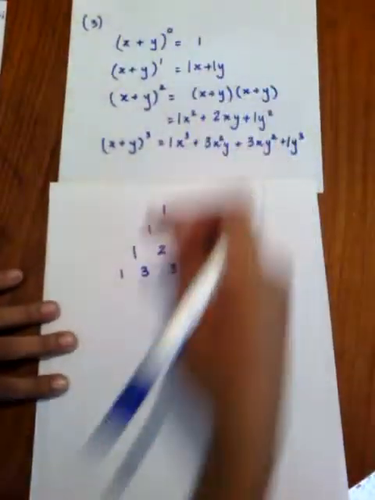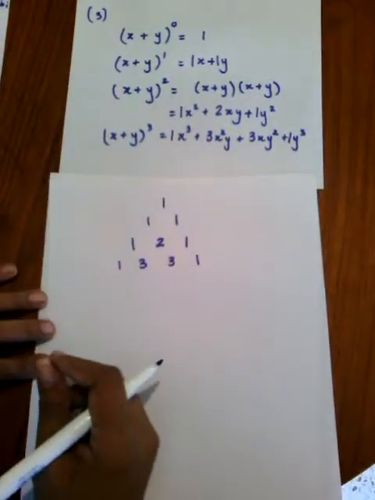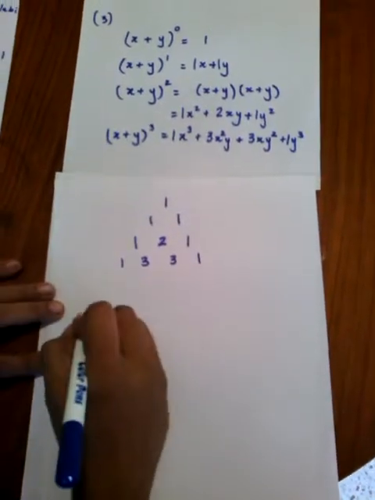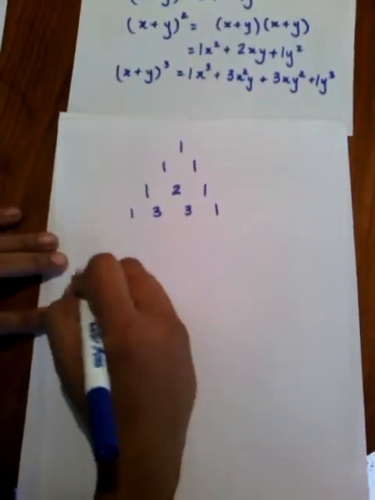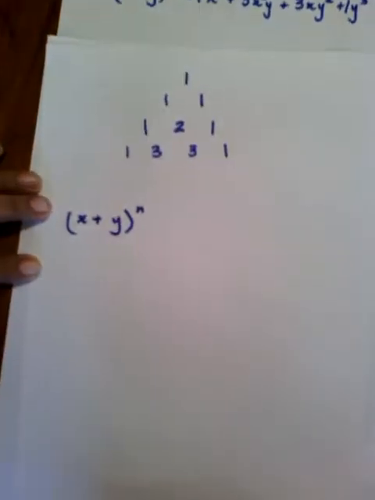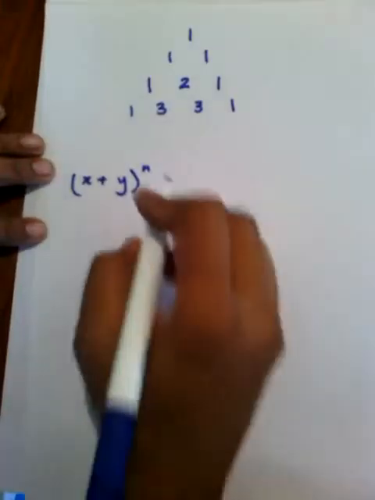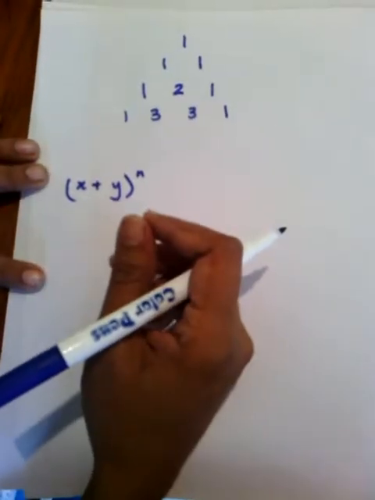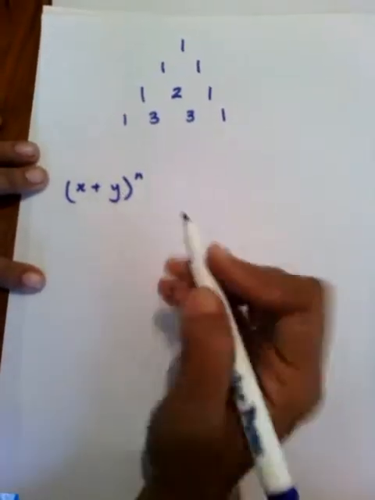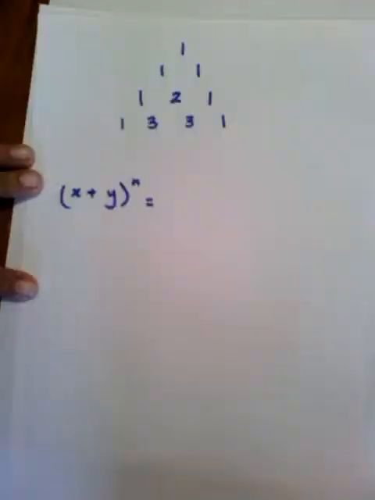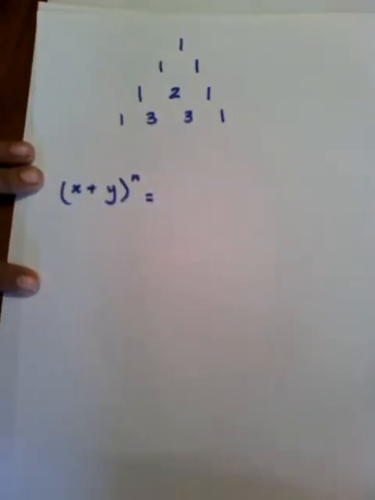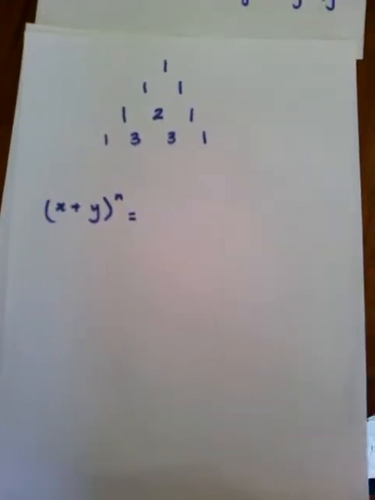So why am I doing all this? This binomial term, this x plus y raised to some number, is written as the following. If n is any integer number, it can also be negative, but we'll talk about positive numbers here. So x plus y raised to n is actually written as a formula called the binomial formula.